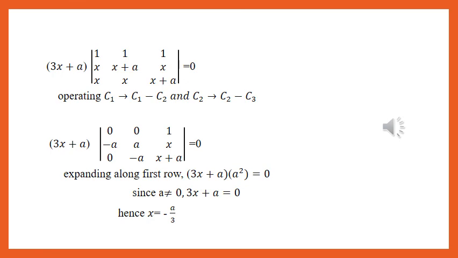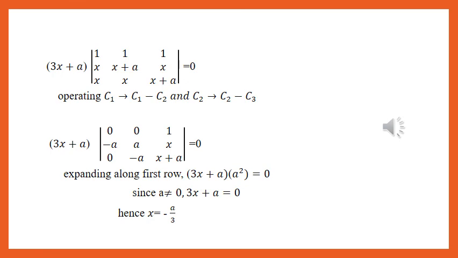So we have 3x plus a determinant 0, 0, 1, minus a, x, 0, 0, minus a, x plus a is equal to 0. Since R1 has two zeros, let's expand along R1. Then we have 3x plus a multiplied by a square is equal to 0.